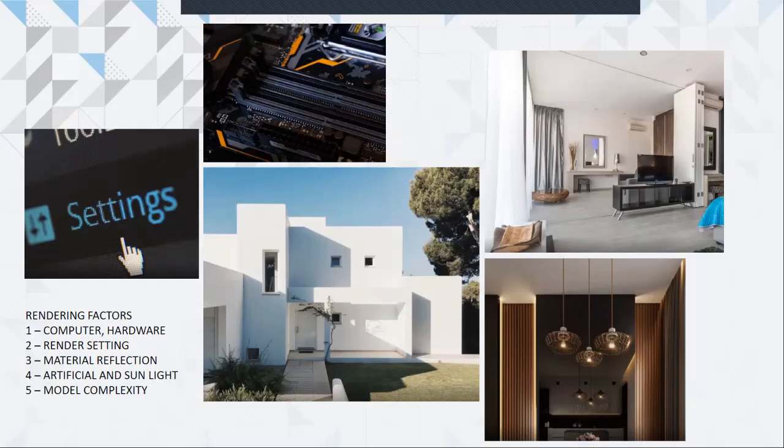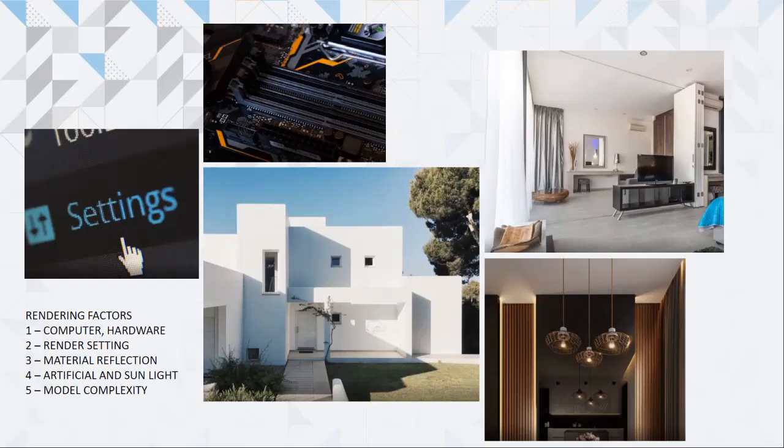And the fourth thing is artificial and sunlight, because if you have a lot of artificial lights in your room, for example, the rendering will have a lot to deal with this project. If you have just one light or just sunlight, it will be a little faster.